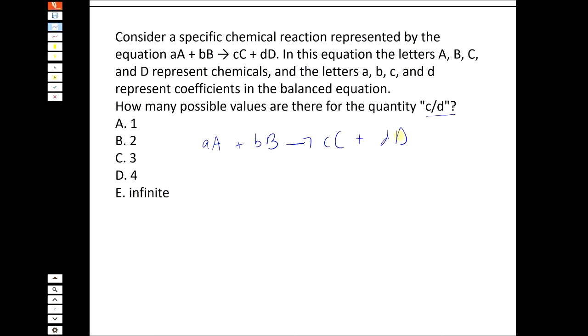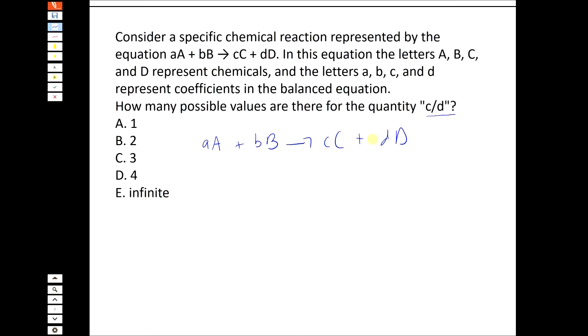Now, conventionally, we balance things with the smallest whole numbers possible, right? That's the way that we do it in most problems when we ask you to do it. But you should recognize that there are infinite numbers of ways to actually balance the equation. We could do smallest whole numbers, but we could do fractions that are related to those whole numbers, or we could double the coefficients and so on.